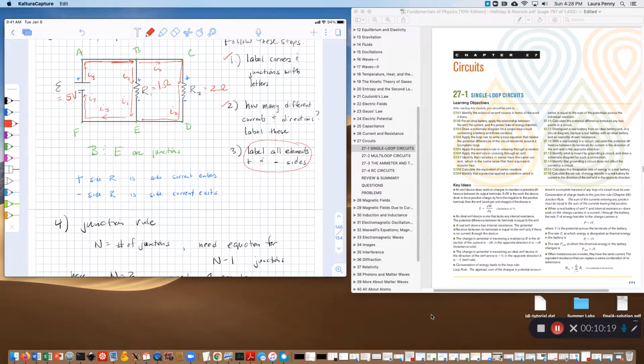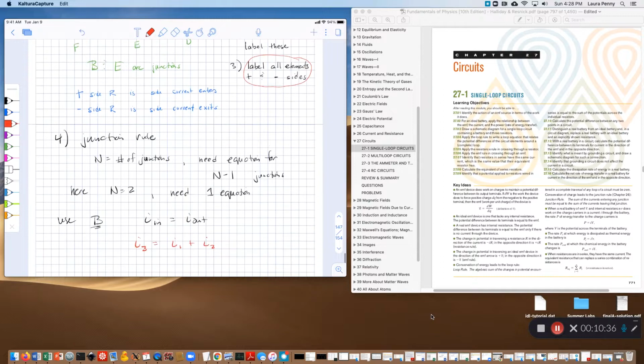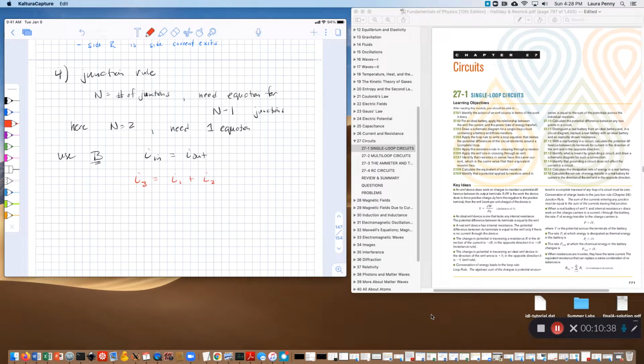Current out is I1 going down and I2 moving to the right. If I did junction E, I'd have that I2 plus I1 equals I3, which is exactly the same equation, right? It's just the other way around. And so that's why I don't need to do that one as well. It's the exact same equation.